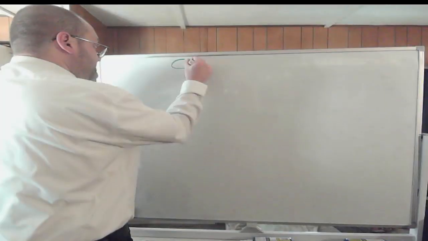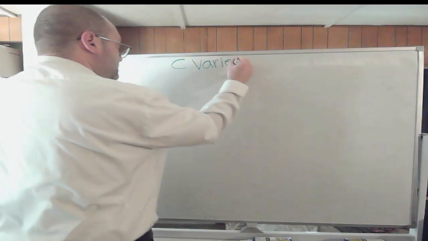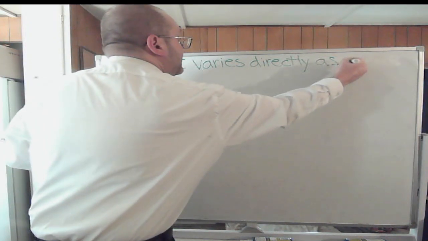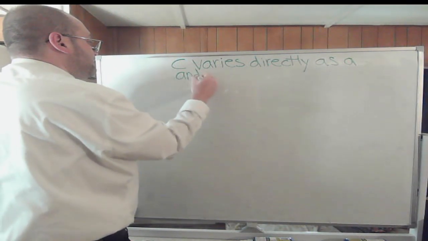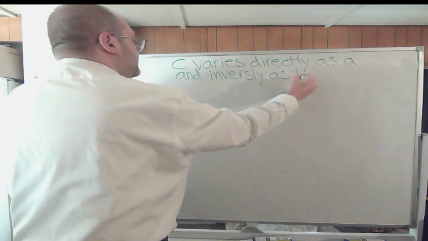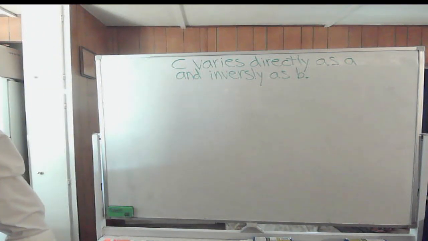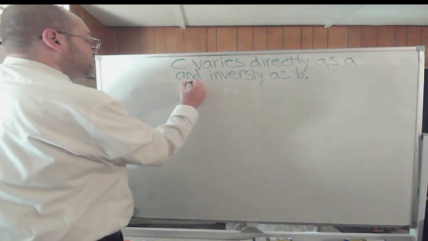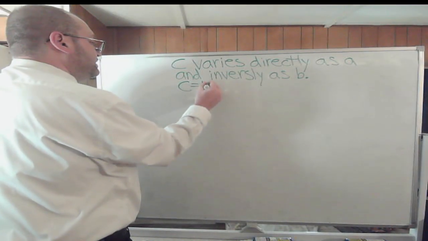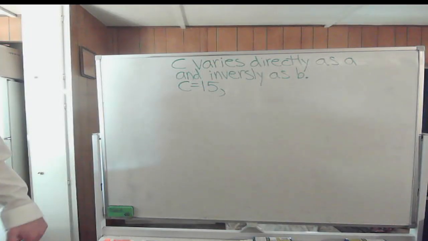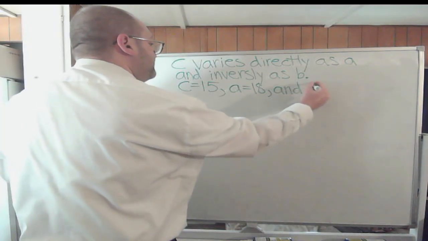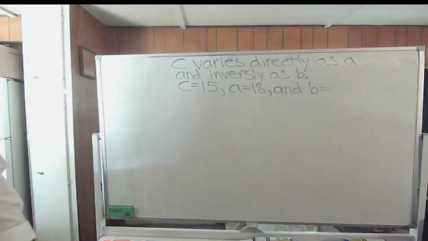Let's see. C varies directly as A and inversely as B. You're given, let's see, C equals 15, A equals 18, and B equals 40.